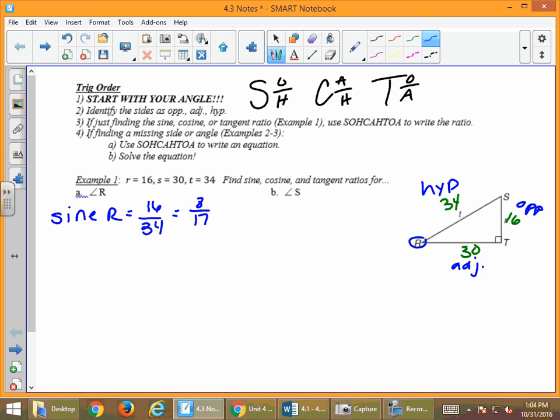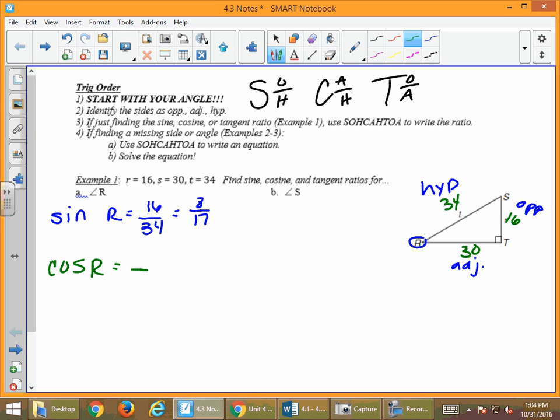But you're going to do the same thing when finding the cosine of R. Right after the word sine, make sure it's abbreviated. We abbreviate cosine with COS. So again, look at SOHCAHTOA. We're not going to change anything because we're dealing with the same angle.